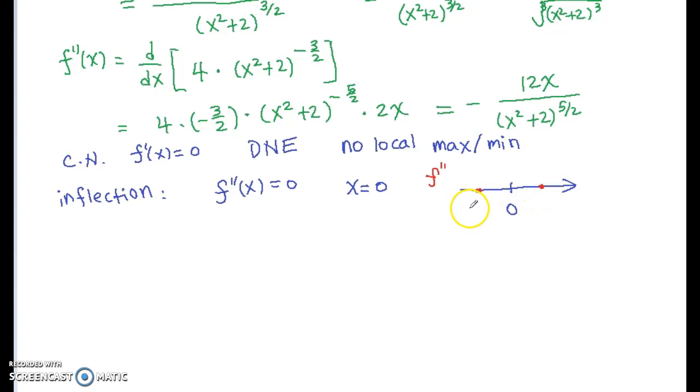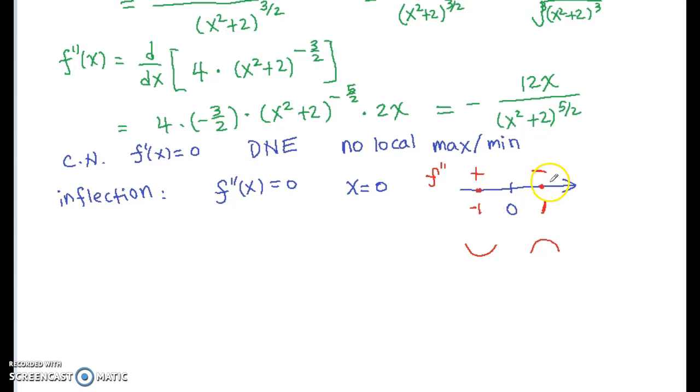So let's pick the number -1 and plug it into f double prime. We have negative times 12 times -1, so it's positive, and the denominator is always positive. So we have a positive here, and when we plug in 1, we get the negative of a positive fraction, so negative. So it's concave up before 0 and concave down after 0.